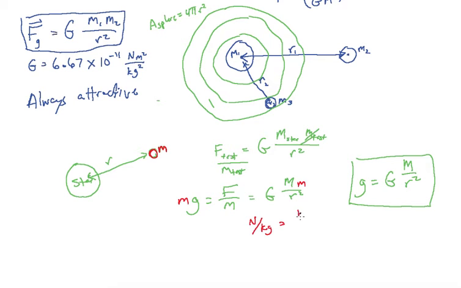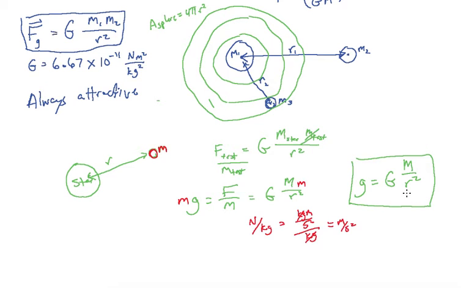A Newton per kilogram is a kilogram meter per second squared divided by a kilogram, because that's what a Newton is. Well, the kilograms cancel and we're left with meters per second squared. So this is an acceleration. Our gravitational field is the acceleration that would be caused on an object if we put it at that point in the gravitational field.